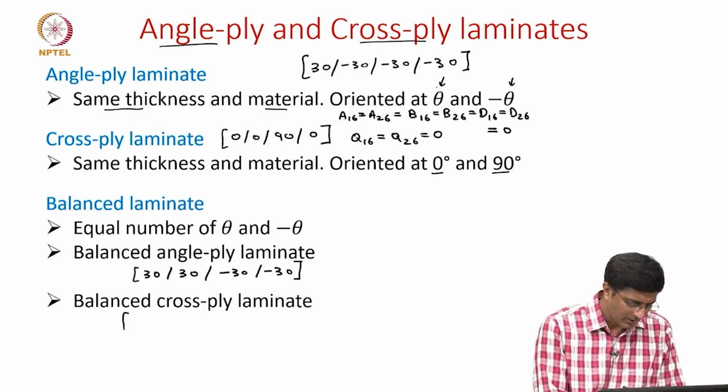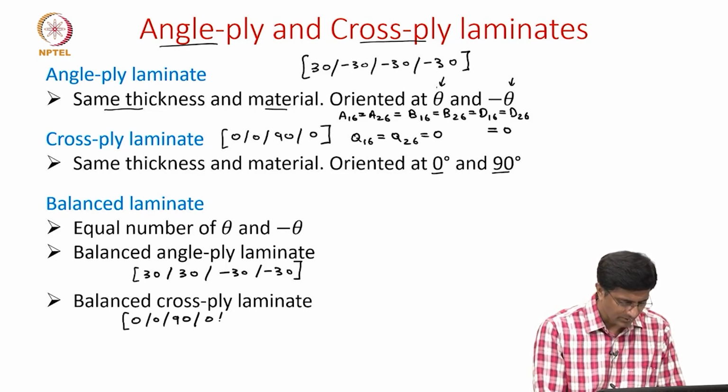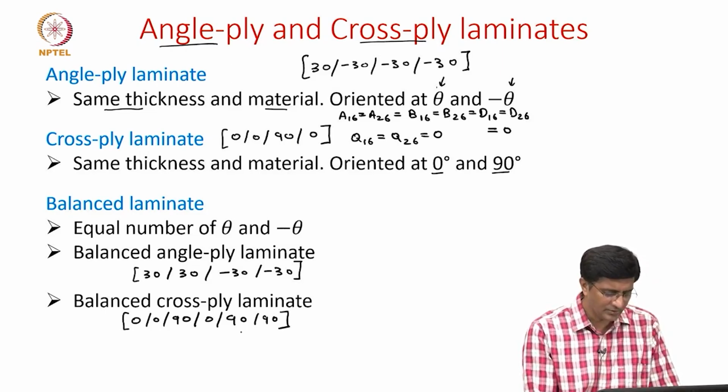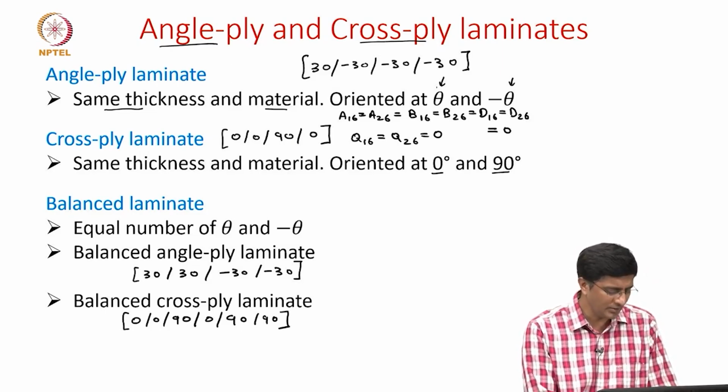Again I can make up an example, something like 0, 0, 90, 0, 90, 0. So here we have 3 layers with 0 orientation and 3 layers with 90 orientation. So it is balanced, and it is cross-ply because all of them are either 0 or 90 orientations.